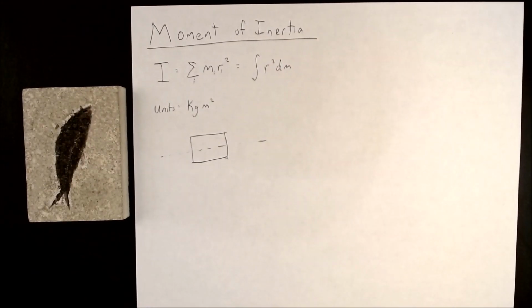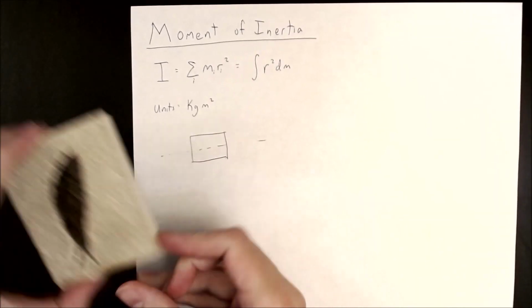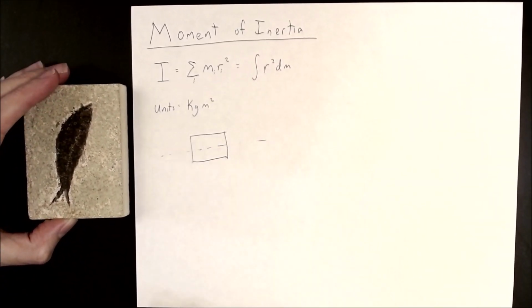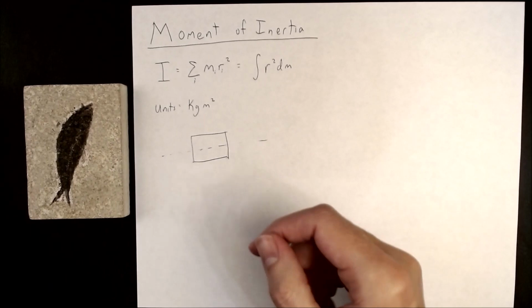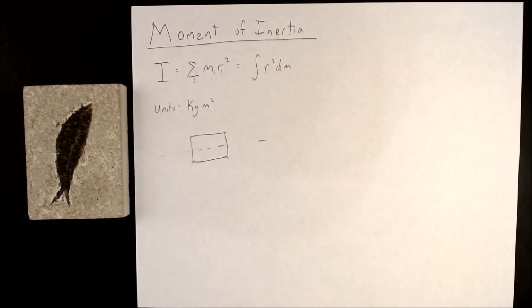Now, we don't really want to have to take each object that we're rotating and calculate this for it. We don't want to, for every single object, find out the moment of inertia using calculus or even just using a summation. Fortunately, other people have gone around and actually calculated the moments of inertia for various shaped objects.